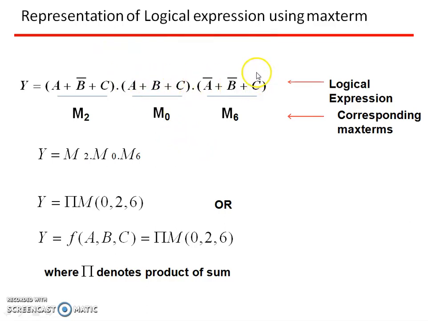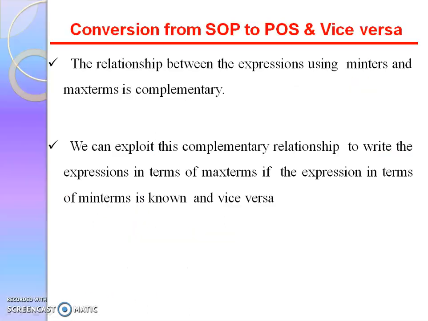Here 1 1 0, that means we have to convert it as 6. Now for the max term you have to use the symbol pi, capital M 0 to 6, and it is called a product of sums.